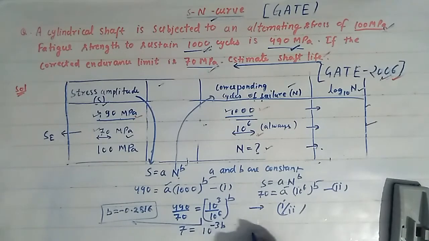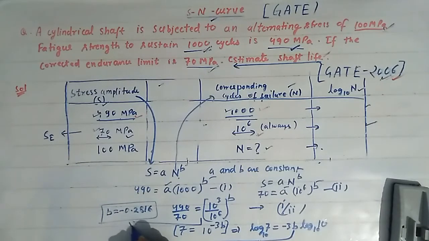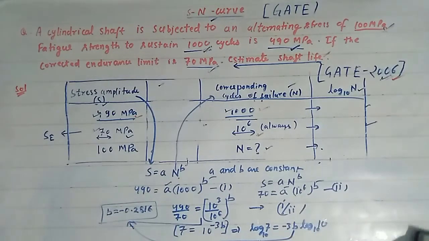Taking log of this equation on both sides, log 7 = -3B log 10, where this is log base 10. When we solve this equation, we get the value of B as this. So this is the first step of getting the value of B.